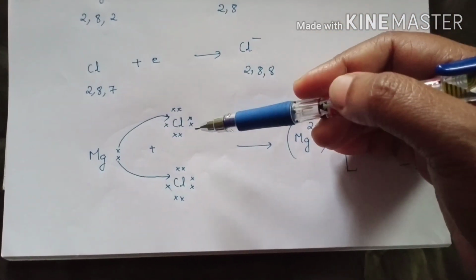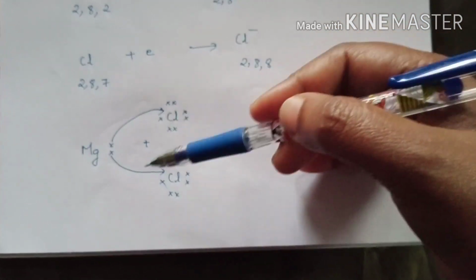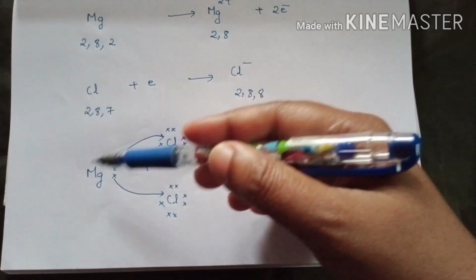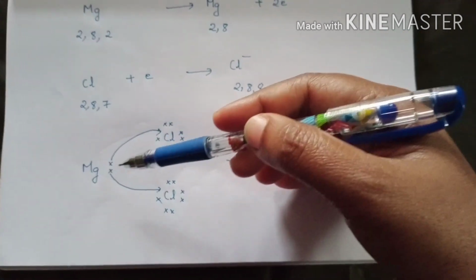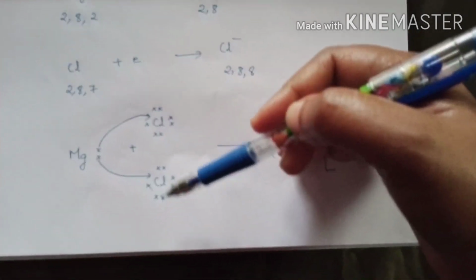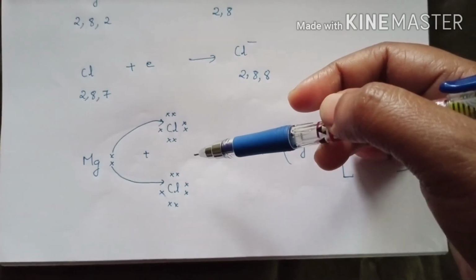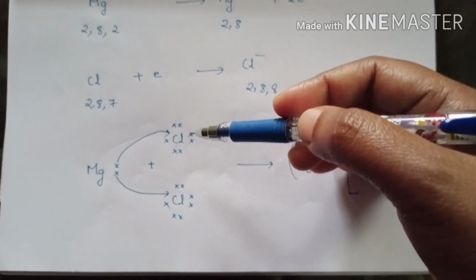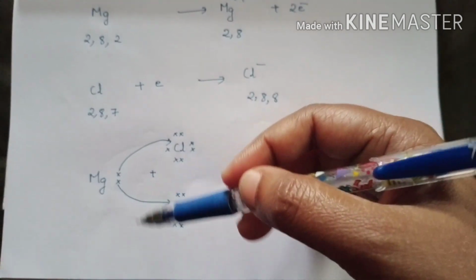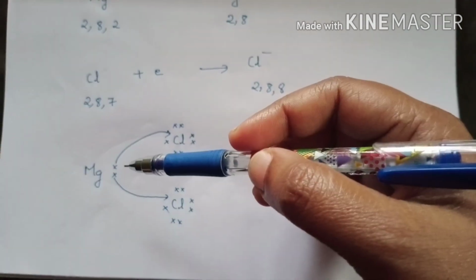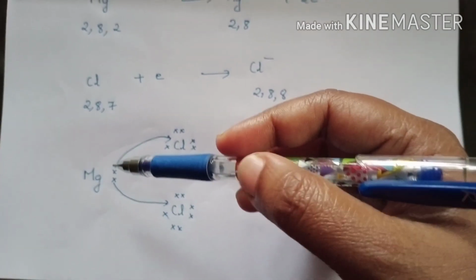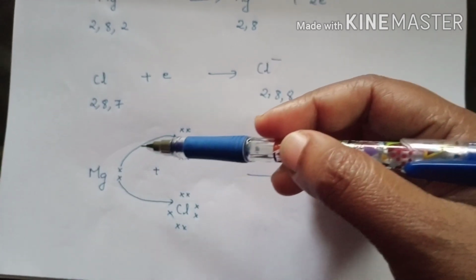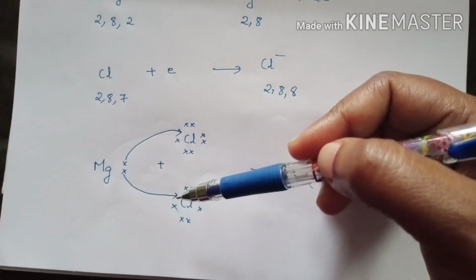Next, we can consider the reaction between magnesium and chlorine. These are the electron dot structures of magnesium and chlorine atoms. And in these electron dot structures, only the valence electrons are represented as the dots or crosses around the symbol of the element. In order to attain stability, magnesium has a tendency to lose 2 electrons in its valence shell.